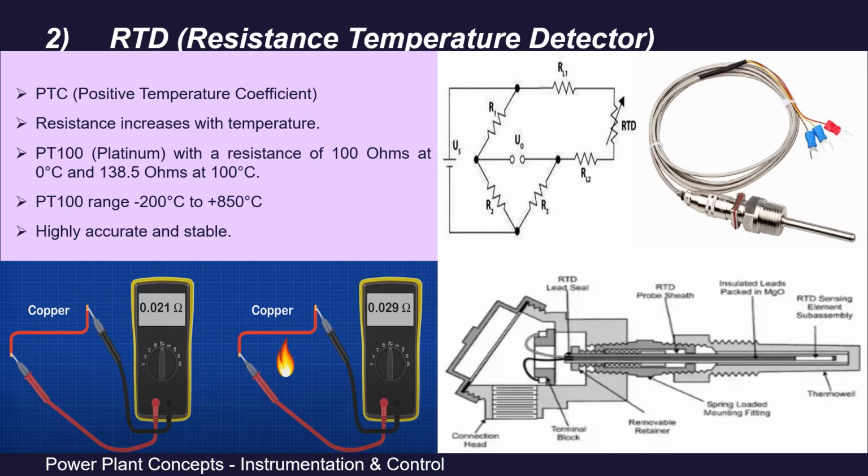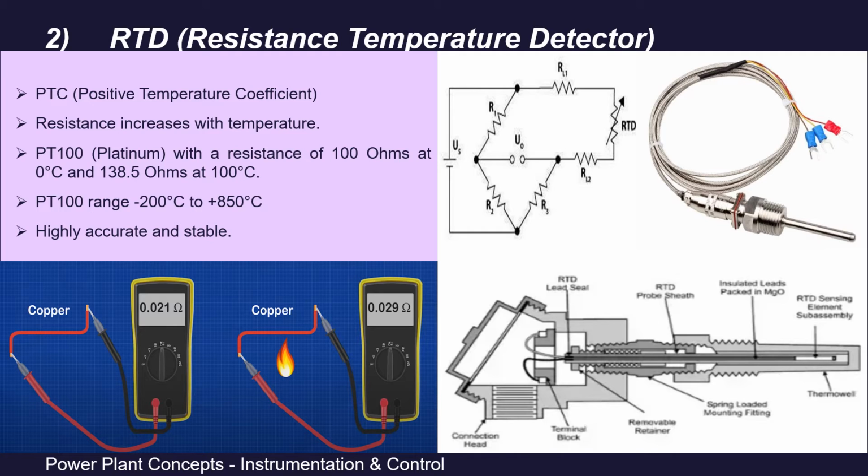In a power plant, for pump bearing and winding temperature, we use these RTDs instead of thermocouples. For main steam line temperature measurement, we use thermocouples, while for equipment like pumps, etc., we use RTDs.